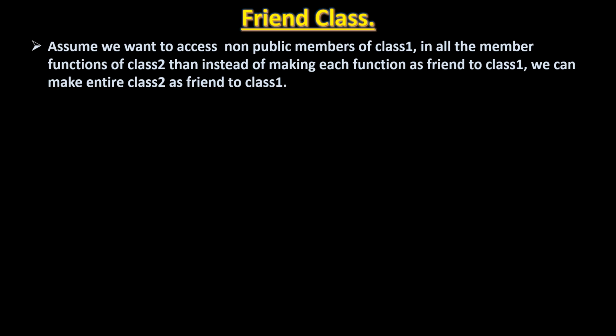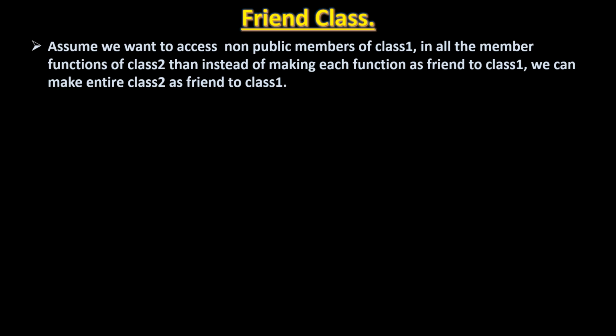Now this is the third scenario. Assume we want to access non-public members of class 1. Non-public members means private or protected. Till now we have not discussed protected, but anyway, till inheritance, private and protected behave in the same way. Now assume we want to access non-public members of class 1 in all the member functions of class 2.